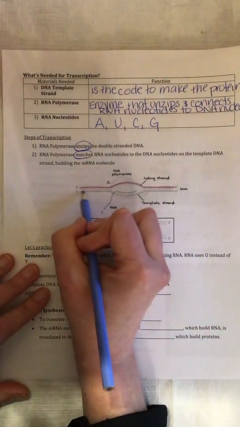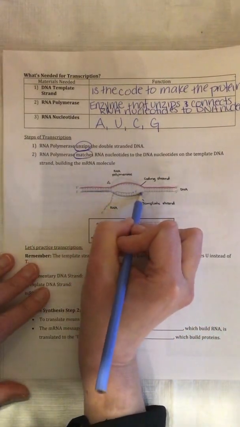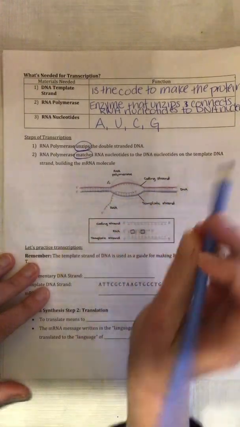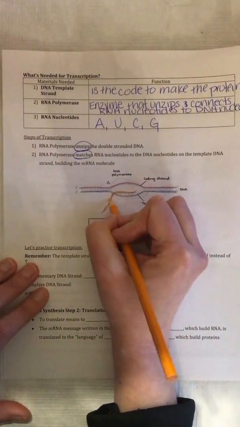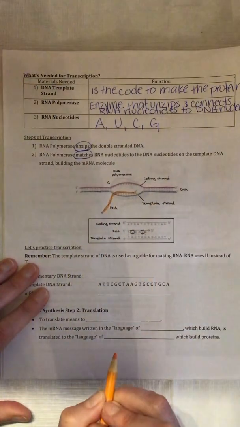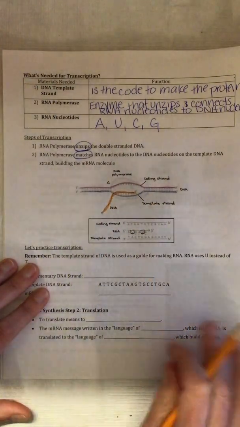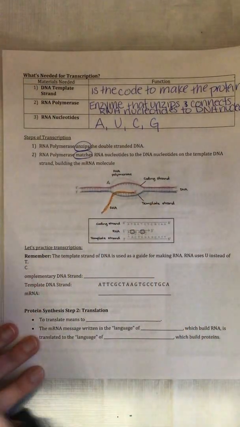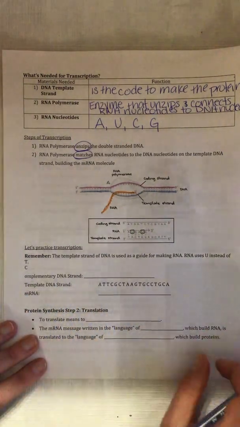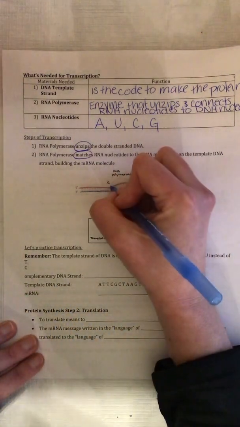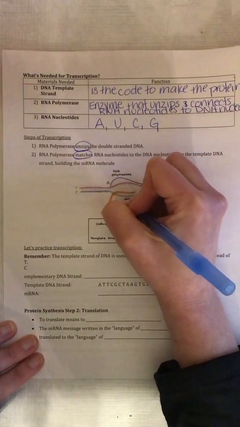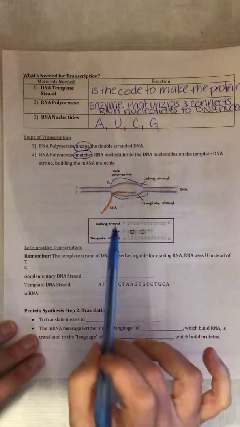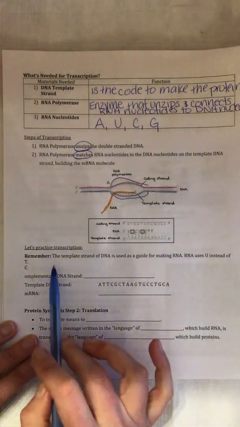Here's my second strand of DNA. And remember, they're complementary to each other. And then here is my mRNA that's getting made. Okay. So here is our RNA polymerase that attaches onto the specific sequence of DNA.